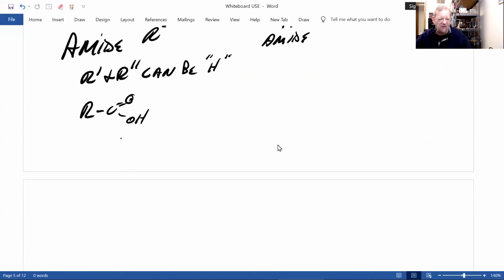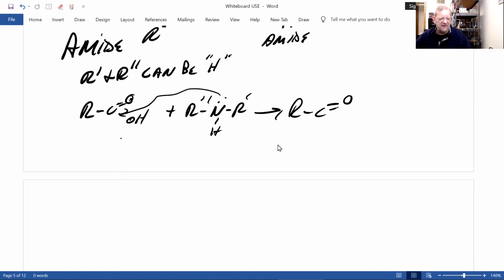And this is why I skipped that one slide. And if you react it with amines, primary, secondary amines, you form an amide. This attacks the carbonyl carbon and you lose water.